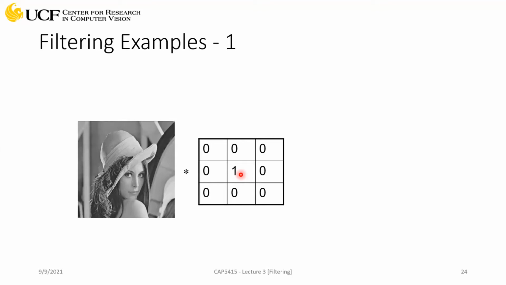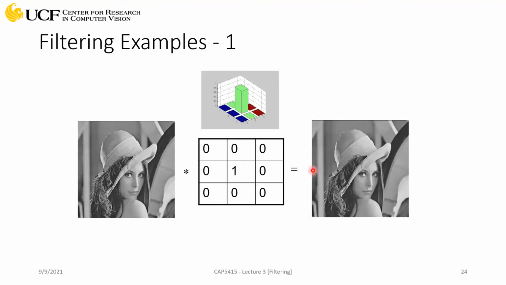So when you apply this filter, it's not going to do anything. You will get the same image as output. If you visualize this in a 2-dimensional space, the filter looks like this: everything else is 0, and at the center you have 1.